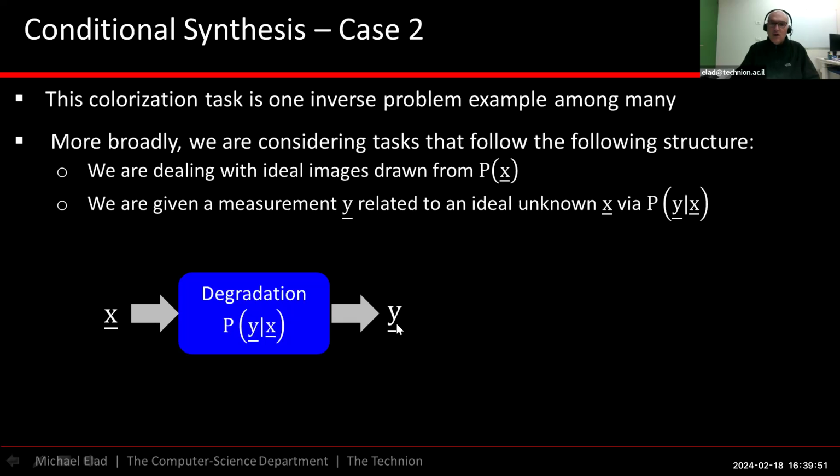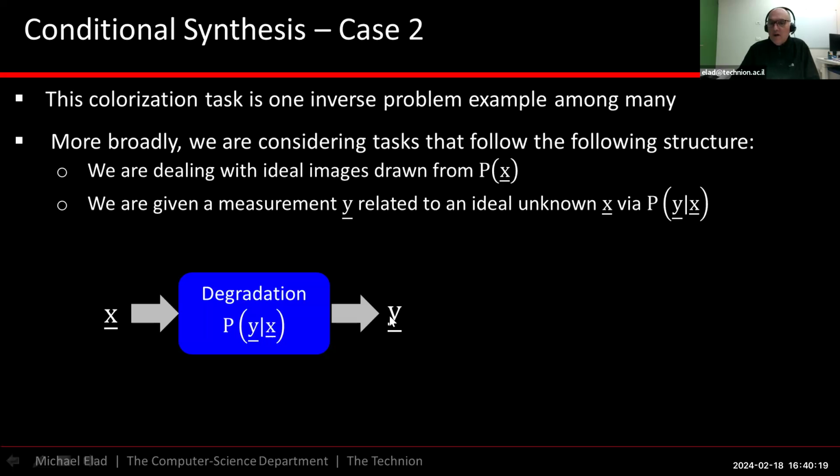For example, in our story, Y is the gray value image. This conversion from X to Y is formulated using P of Y given X, the likelihood function. Why is it a likelihood function? It could be deterministic. You don't have to be afraid of it. It could be also stochastic. For example, if there is noise in Y, then this will be stochastic. But in most general terms, this is the probability of getting Y given X.